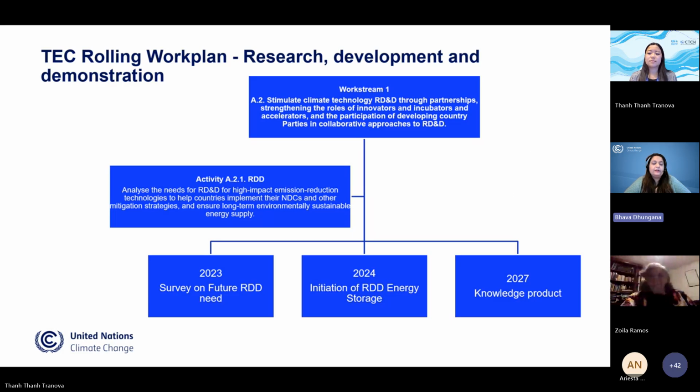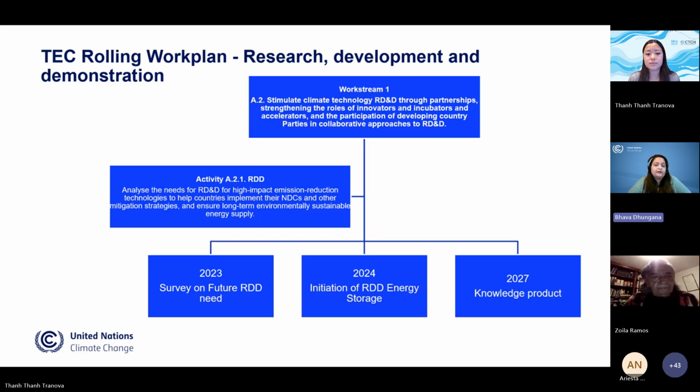So work stream 1 is actually on national systems of innovation, collaborative RD&D, and also on general purpose technologies. And one of the key expectations from this work stream is to have supportive enabling policies to incentivize and nurture a supportive environment for technology innovation and innovative climate solutions.